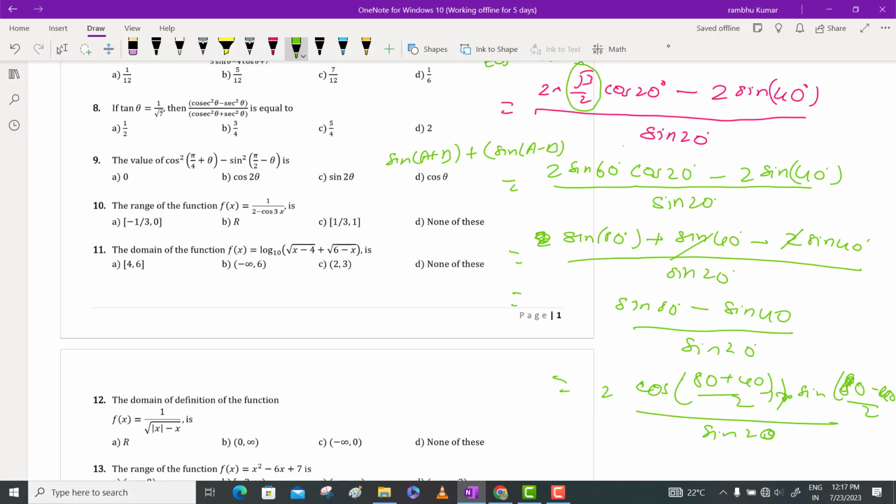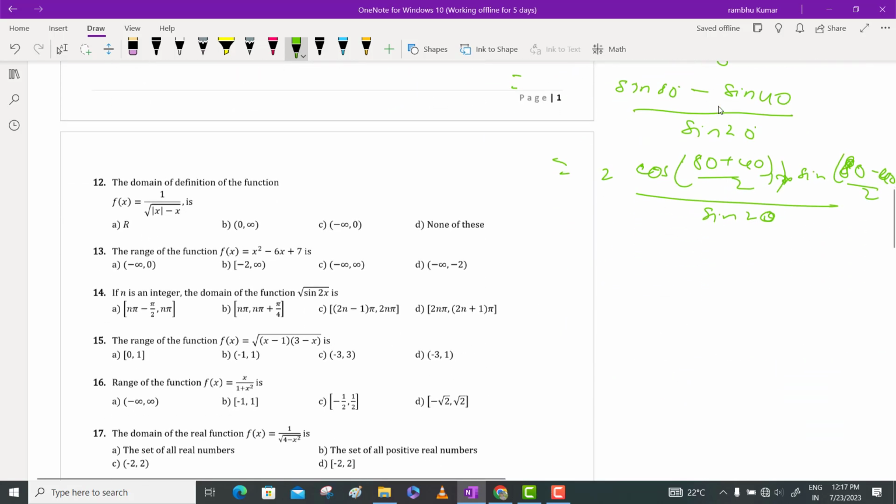Okay, so from here we will have 2 cos 60 sin 40 divided by sin 20. Sorry, this is sin 20 because 80 minus 40 gives you 40, and 40 by 2 is 20.